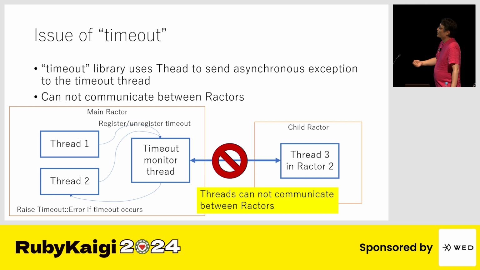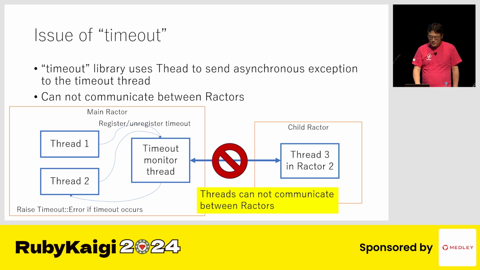Another feature I want to introduce is timeout. The current timeout mechanism creates one timeout monitor thread, and other threads ask it to send the exception when the timeout seconds have elapsed.